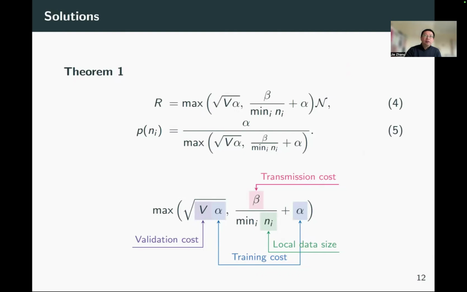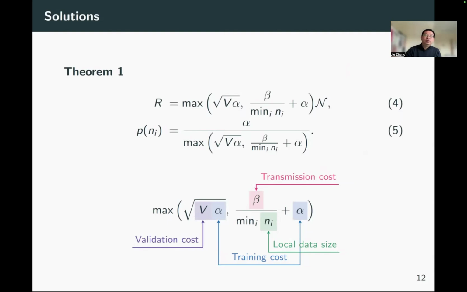And the probability of being verified is alpha divided by this maximization function, alpha there being our cost per unit data for training. This maximization function is not really an intuitive explanation; it's more of just a mathematical result we got.